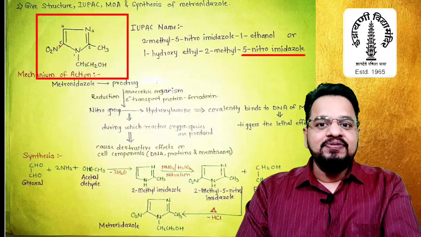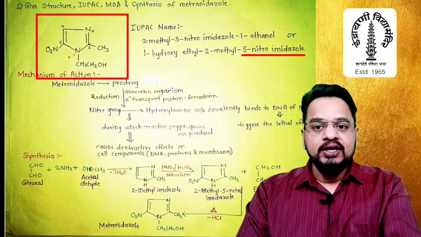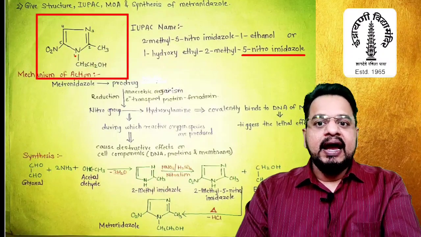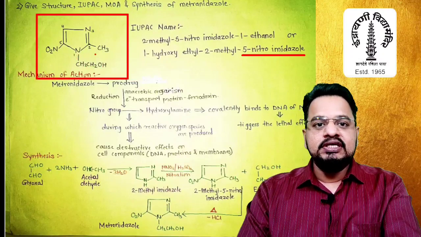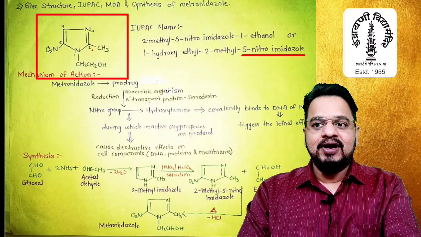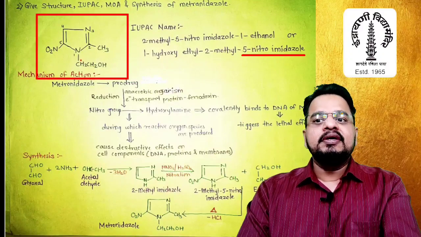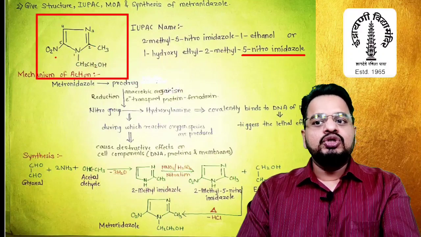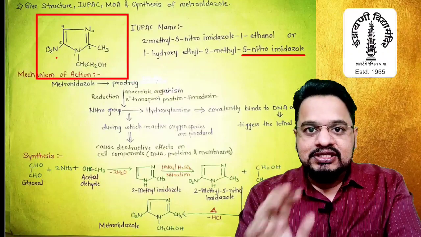Understand? And at the fifth position we are having nitro, so this would be the 5-nitroimidazole ring. Apart from that, at the first position, what is there? At the first position, a hydroxyethyl group is there, right? And at the second position we are having the methyl group, so that we can say 1-hydroxyethyl, 2-methyl, 5-nitroimidazole.